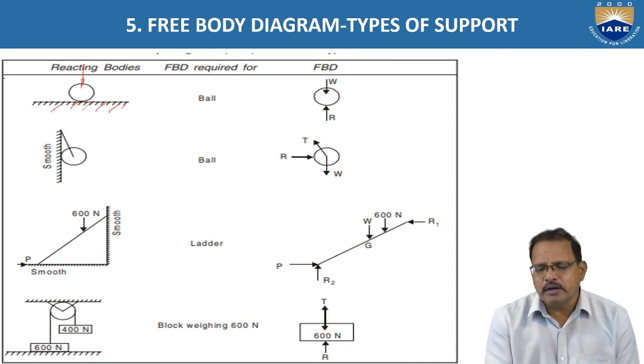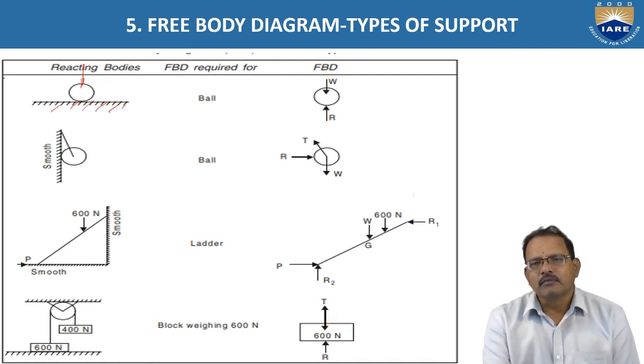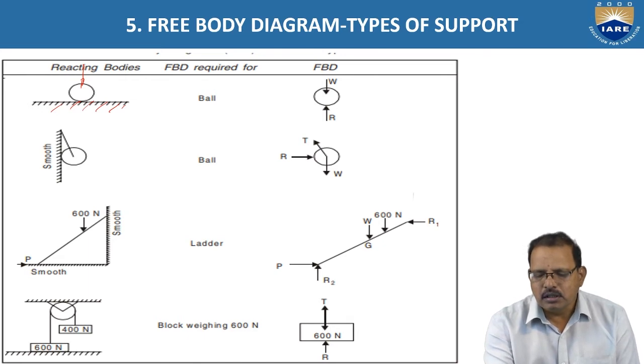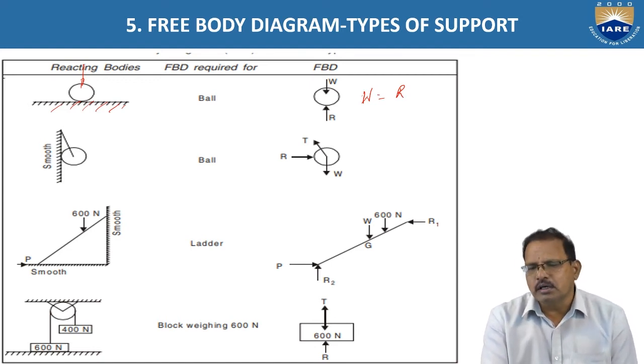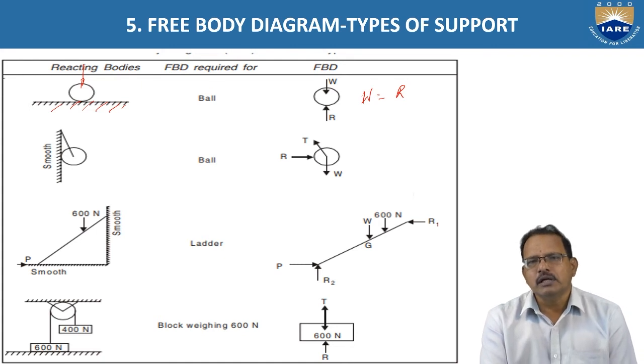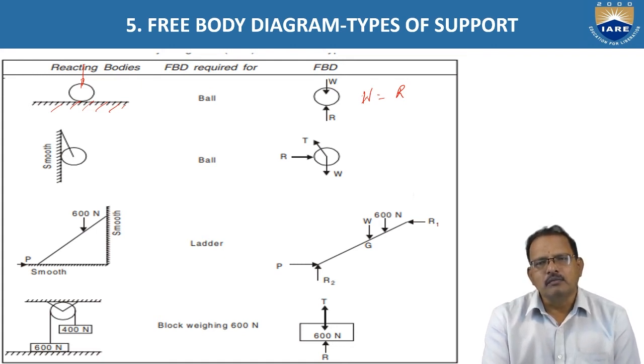Hence, while drawing the free body diagram, R is the reaction offered by the surface and W is acting in the downward direction. Here W is equal to R. The weight is the force exerted by the body on the surface of the table. This force is treated as the action force. R is treated as the reaction force, which is keeping the body in equilibrium.